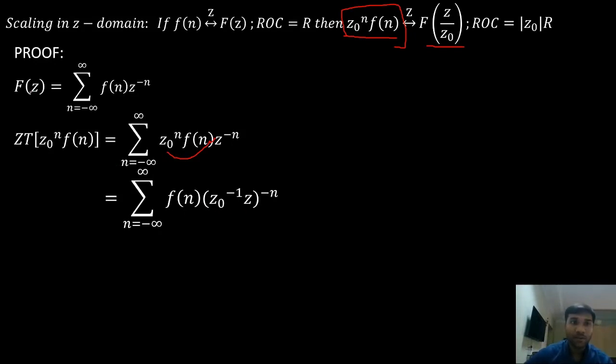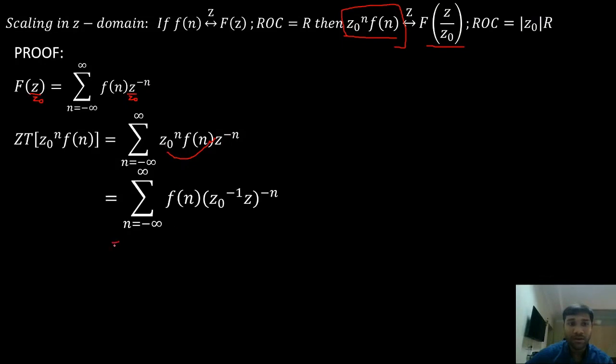f of z. If I substitute z by z by z naught in place of z, what happens? Here also I'll have z by z naught, that is nothing but z power minus n and z naught to the power n.